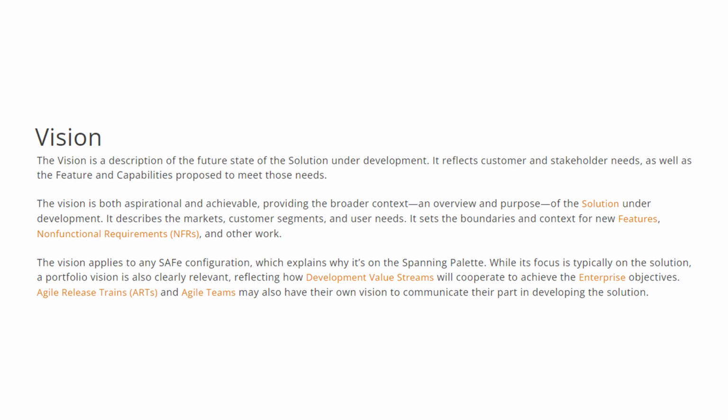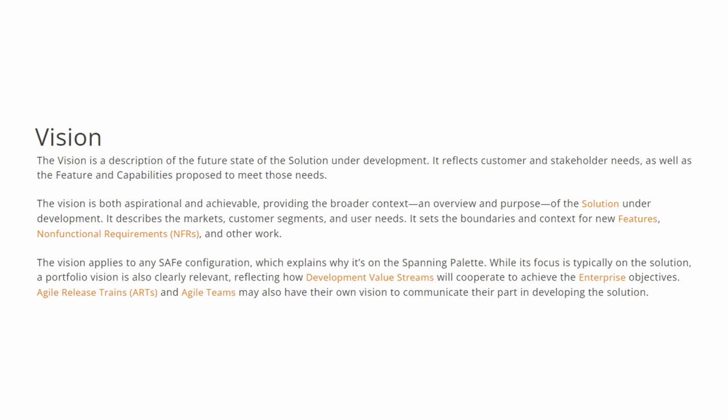So what they're trying to say here is your vision should reflect customer and stakeholder needs, and the features and capabilities of the solution proposed should also meet customer needs. You cannot give a solution which is not meeting the customer need and call that a vision. So both together comprise the vision, right?